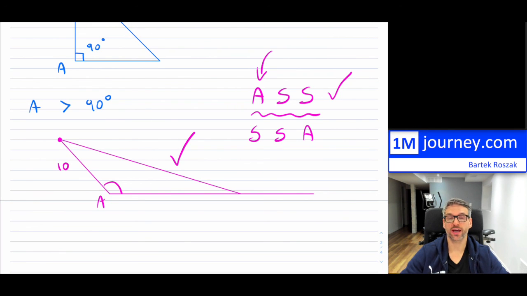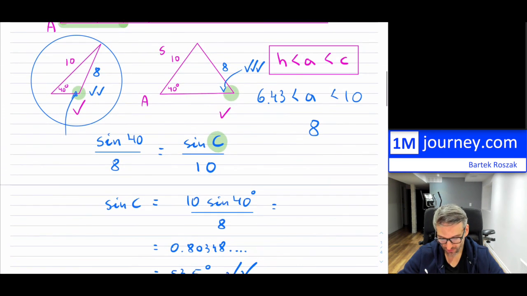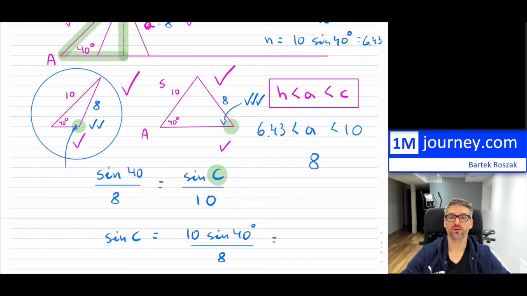You can just go ahead and utilize the regular trigonometric ratios. If the angle is acute, then you have to be careful. If it's acute and those two sides are given, then be careful. Are you dealing with this type of triangle, or are you dealing with this type of triangle?